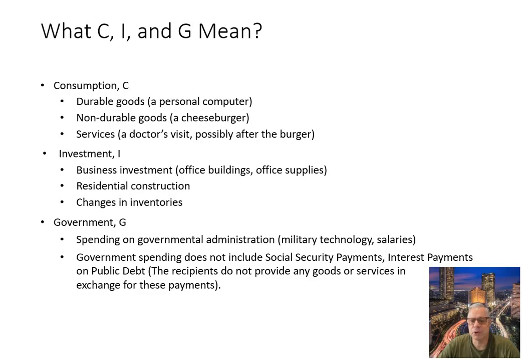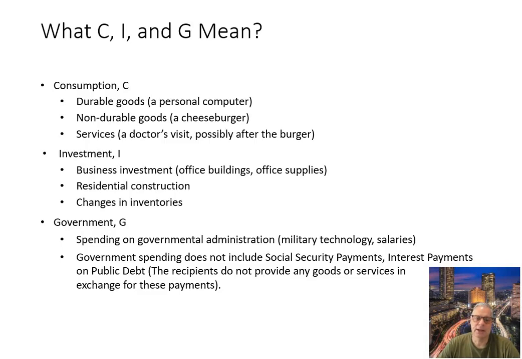A non-durable good could be food, something that's perishable, like a cheeseburger. And a service is like medical treatment, a doctor visit, those kinds of things. So that is all consumption. That's pretty straightforward. We distinguish durable goods, non-durable goods, and services, and like most nations, statistical agencies often report how much durable and non-durable goods were purchased.